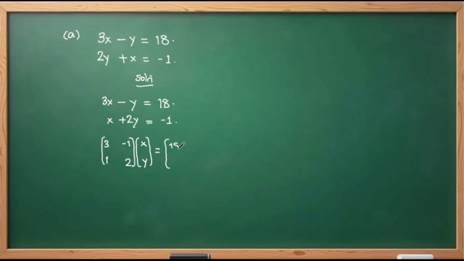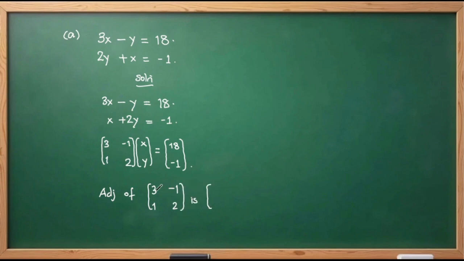So we have here 18 and negative 1. So let's look for the adjoint of the matrix 3, negative 1, 1 and positive 2.